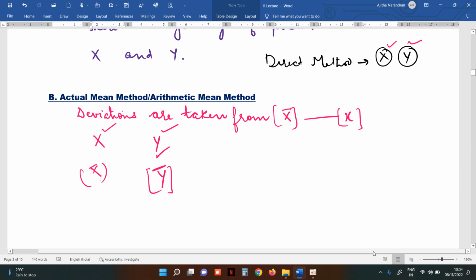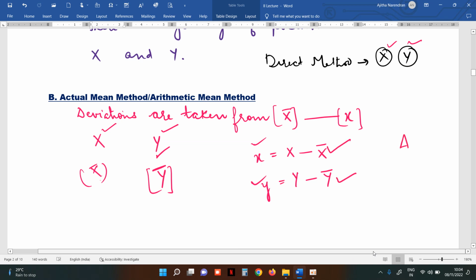When you take the deviation of variable x from its arithmetic mean, it is denoted as x. In the same way, for y it is denoted as y. These are the small letters x and y.